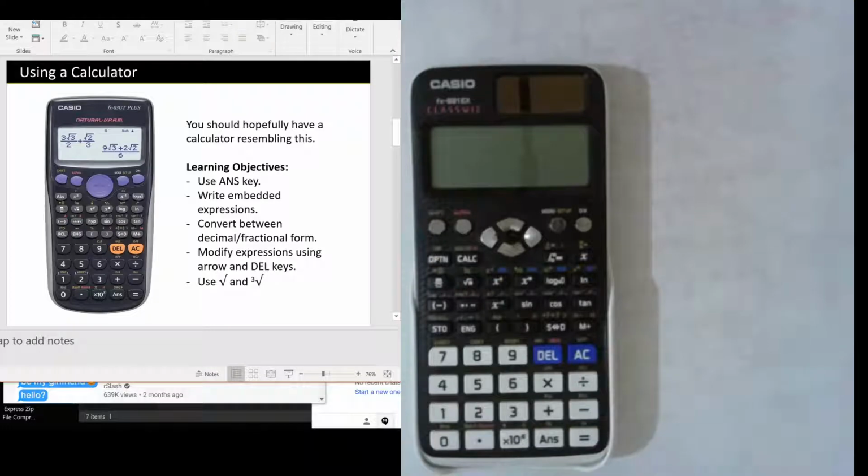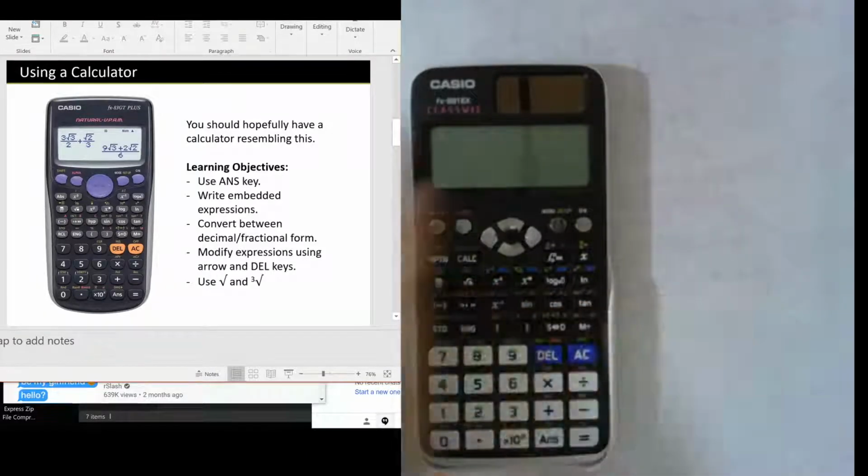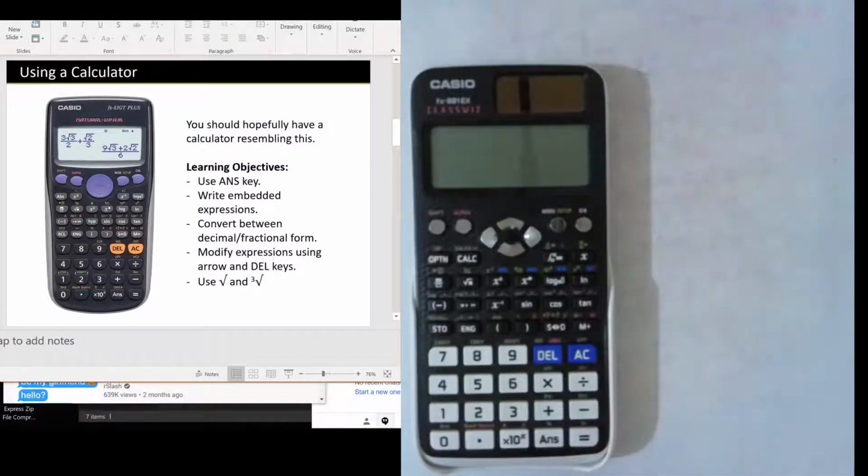Okay, so what we are going to do is look at some of the functionality of the calculator. Some of you are still having issues. I know it's something that happens across quite a lot of the year groups anyway. So we're just going to spend a bit of time with your best friend in maths. This is your best friend. If you know how to use your calculator, it will be very easy to get stuff done. If you don't know how to use your calculator, you are going to find it quite difficult.